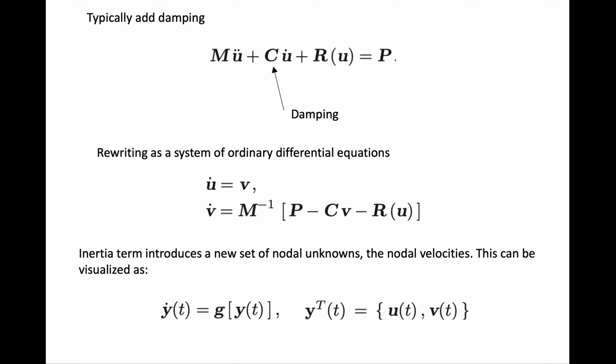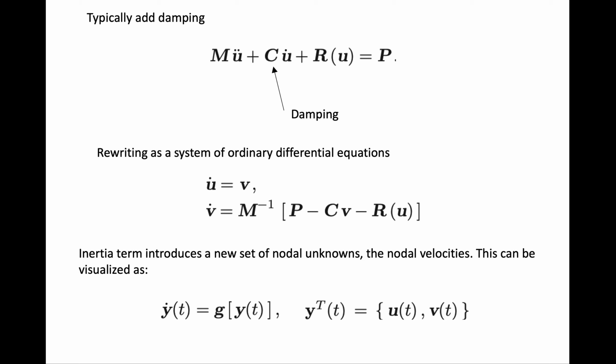Again, this mass is a mass matrix, which I didn't put in this slide, so I can put an extra note on what this mass matrix looks like. But it's basically just the integral of the density times the shape functions, a pair of shape functions. So the combination of shape functions ij for a given element.